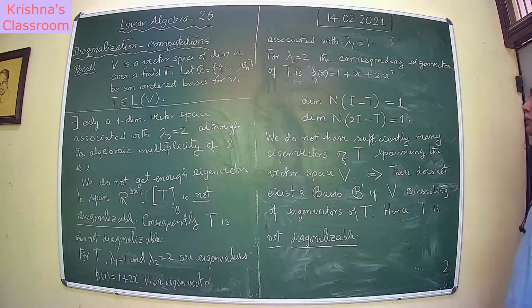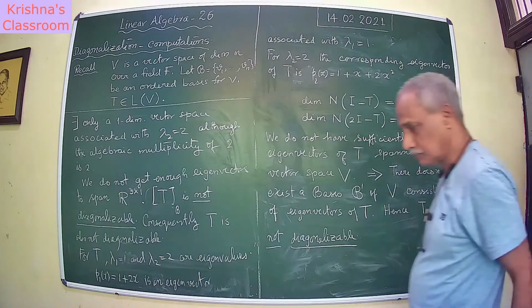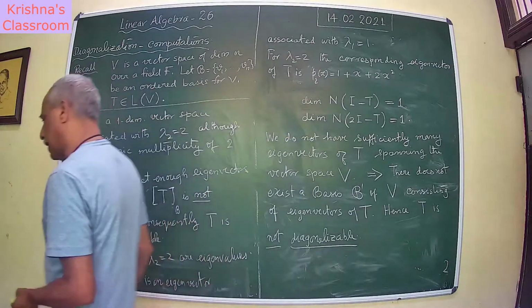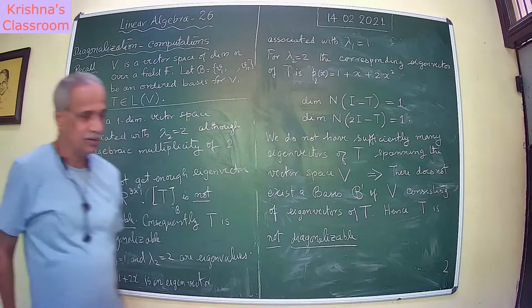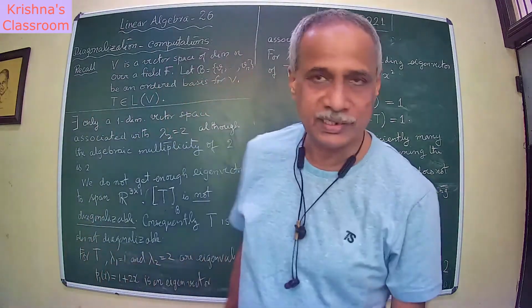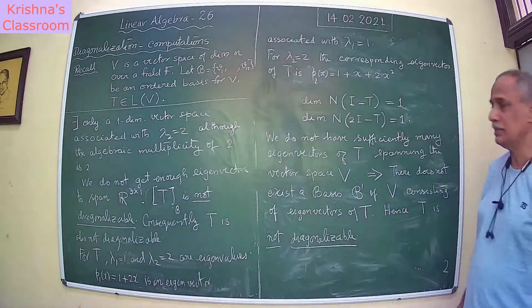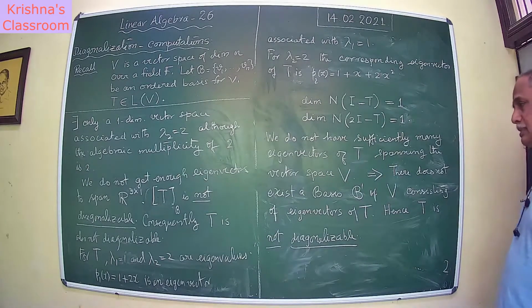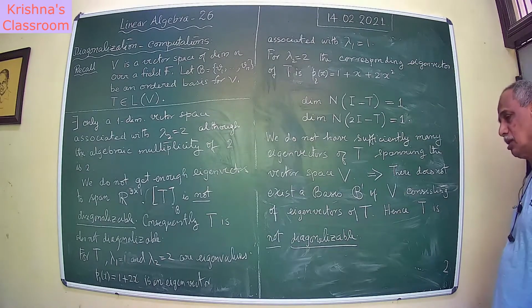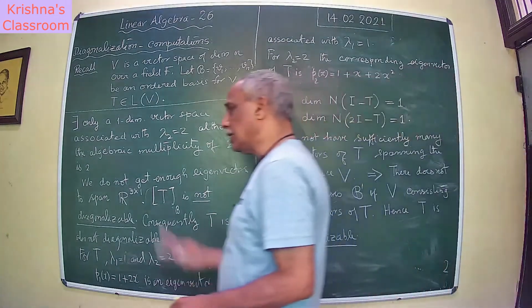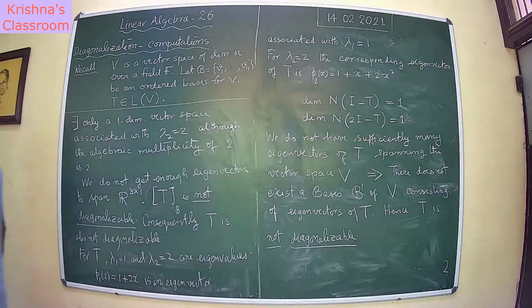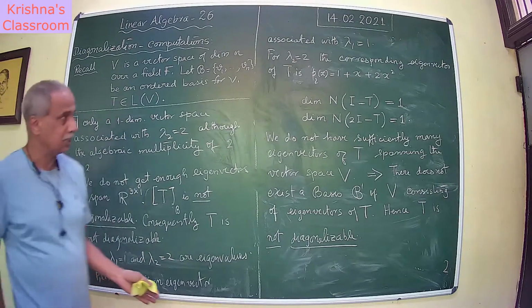sum up. This particular example gives you two eigenvalues, 1 and 2. 1 has algebraic multiplicity 1. 2 has algebraic multiplicity 2. However, their eigenspaces are both of dimension 1. Therefore, we get only two linearly independent eigenvectors of T. That does not span your three-dimensional space.